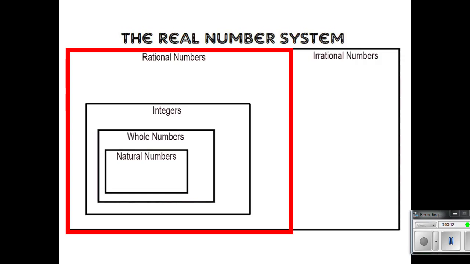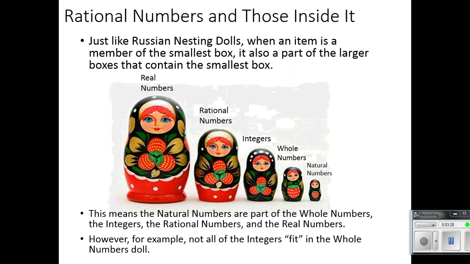Now, if we're going to talk about the real number system and just the rational side, you'll notice that there are multiple things within the rational numbers. I'm going to explain this, and again, you don't need to write this page down, using Russian nesting dolls.